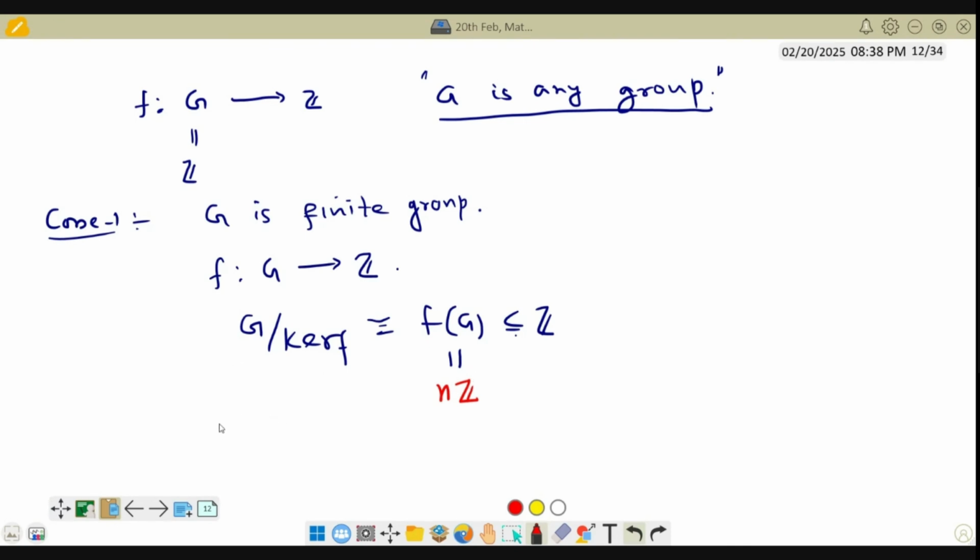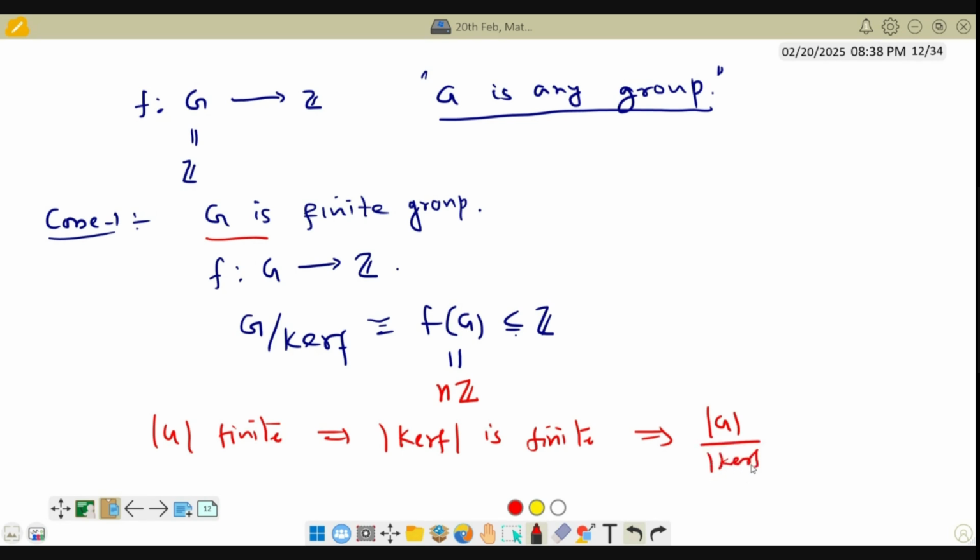And now observe that your G is a finite group. So the cardinality of G is finite. That will imply the cardinality of f of G is finite. But here you can observe that nZ is an infinite group.